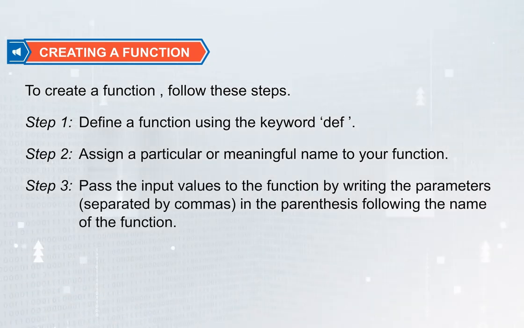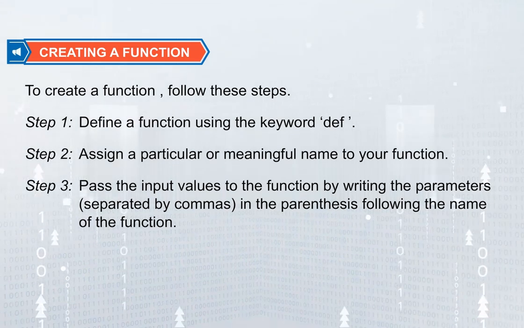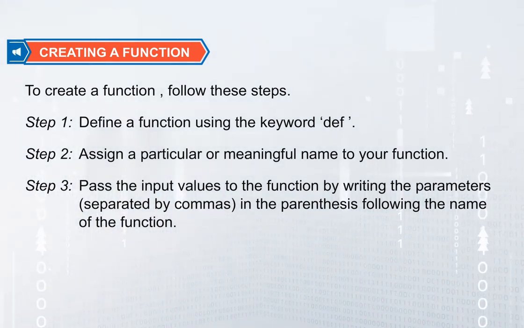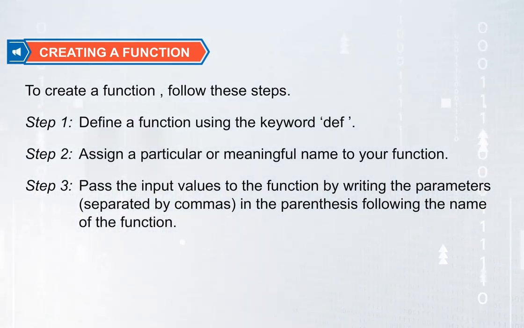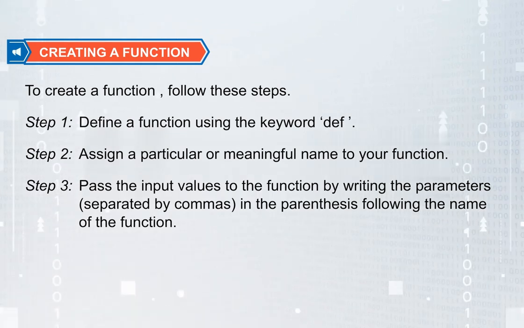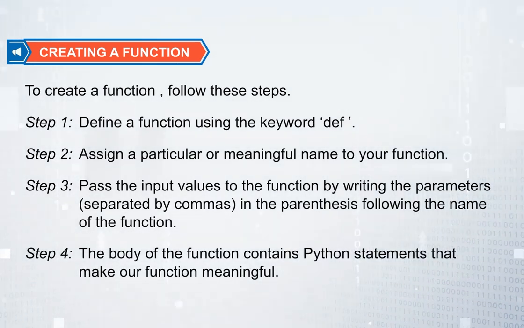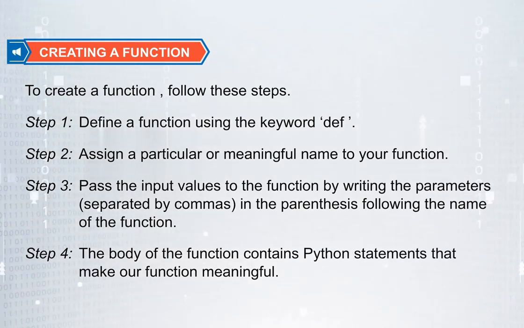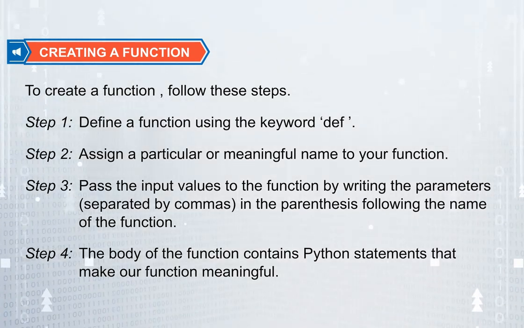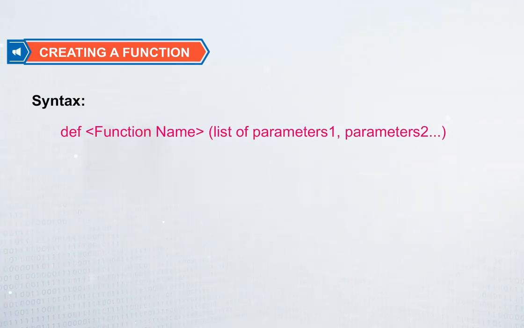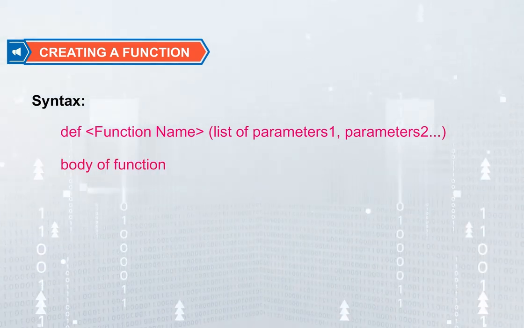Step 3. Pass the input values to the function by writing the parameters separated by commas in the parentheses following the name of the function. Step 4. The body of the function contains Python statements that make our function meaningful. Syntax. def function name, list of parameter 1, parameter 2, body of function.